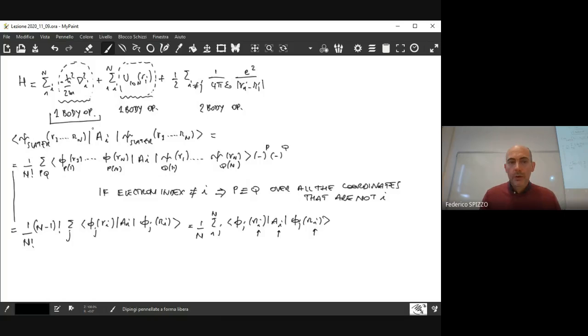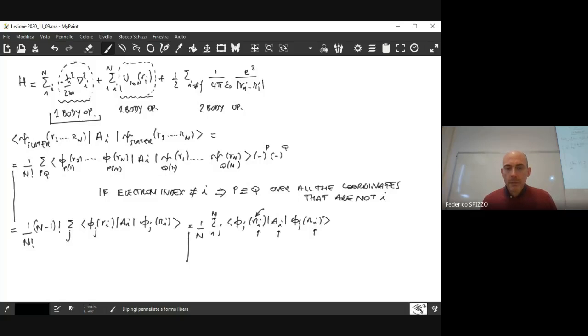If you switch to the coordinate j, you will have the nabla square for the j coordinate. But the structure of the operator is always the same, the nabla square of a coordinate. So at the end, the actual dependence on the coordinate I is just a dependence on this coordinate, not on the structure of the operator. So the change of coordinate does not affect the structure of the operator, but just the coordinate of the electron.